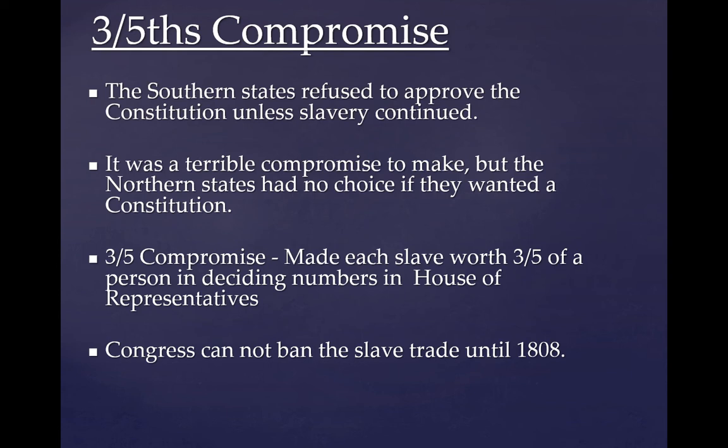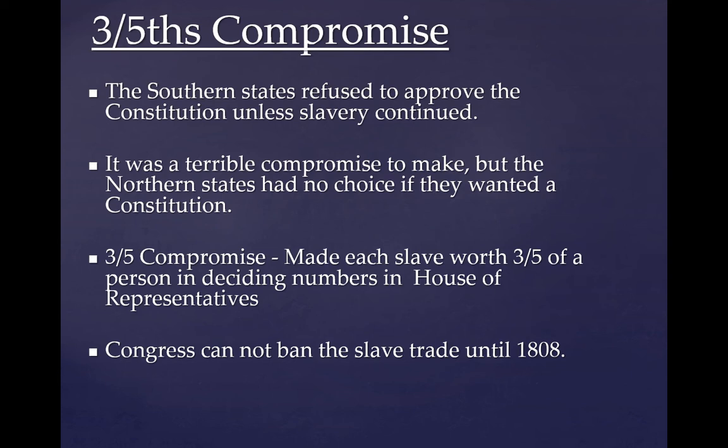The deal was that each of the North and the South wanted to get their best interests here. The South wanted slaves to count as far as deciding numbers in the House of Representatives for representation.